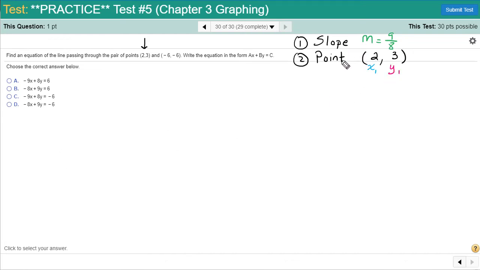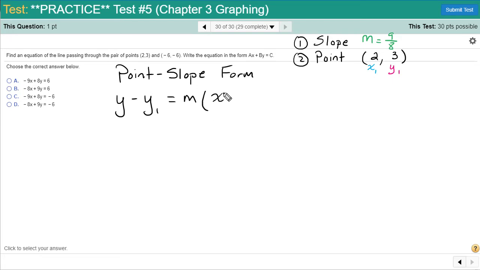So we've got ourselves a point, we've got ourselves a slope, and so we are going to use, of course, the point-slope form. And that, of course, is y minus y sub 1 is equal to m times the quantity x minus x sub 1. All right, so here we go for the final time. Let's plug in this information.